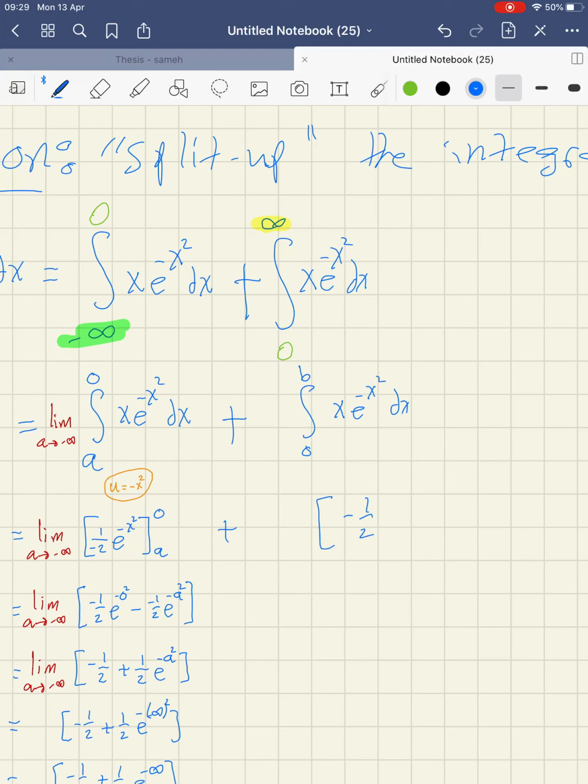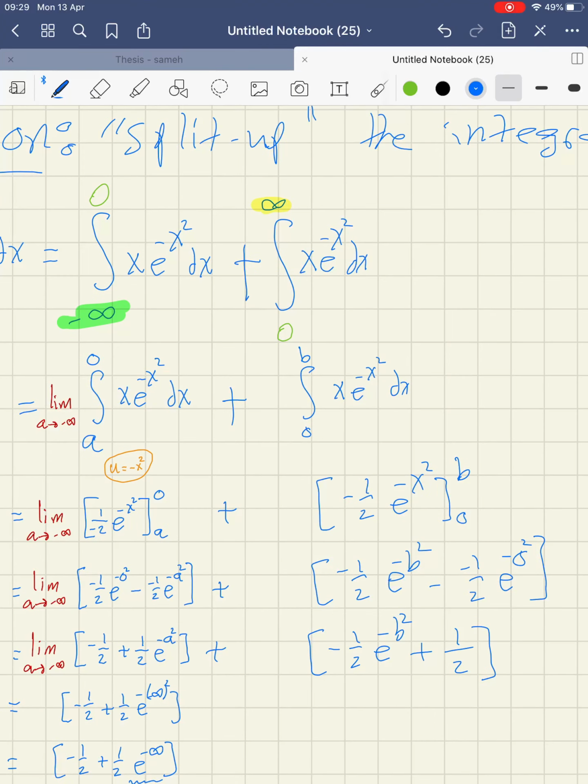It would be negative half e to the negative x squared from 0 to b. And then it is negative half e to the negative b squared minus negative half e to the negative 0 squared. And the next step, if we simplify things, it's negative half e to the negative b squared plus half.